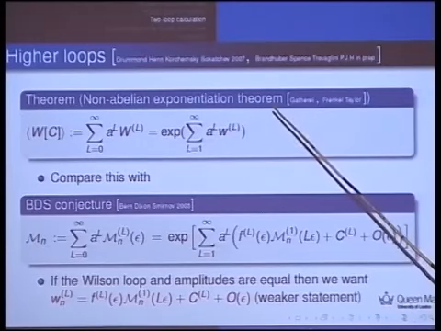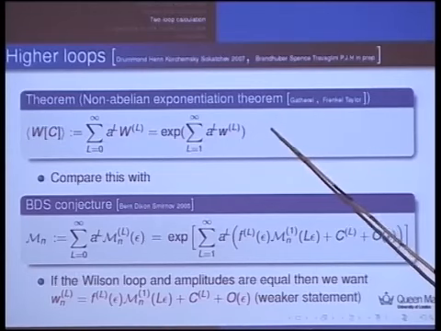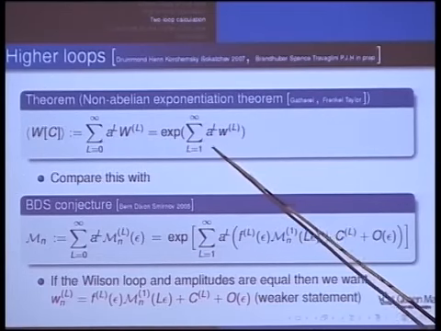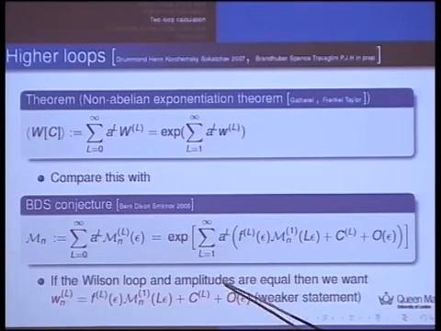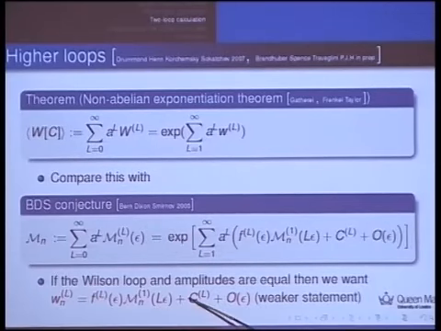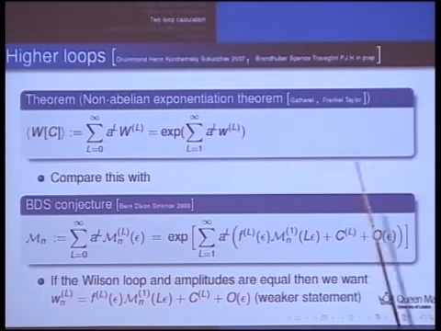And then there's this nice non-abelian exponentiation theorem for Wilson loops, which gives this in terms of an exponential as well. So if these two are in any sense equal, then we at least want that this little w that appears here is equal to the one loop, to this expression. But this is a weaker statement than actually saying that the Wilson loop and amplitudes are equal, as we'll see.